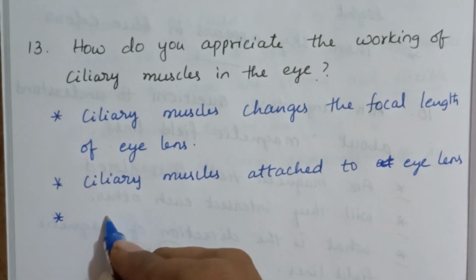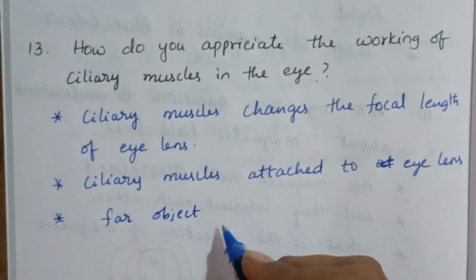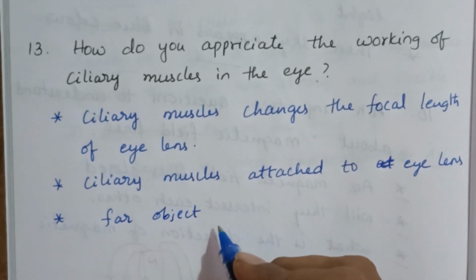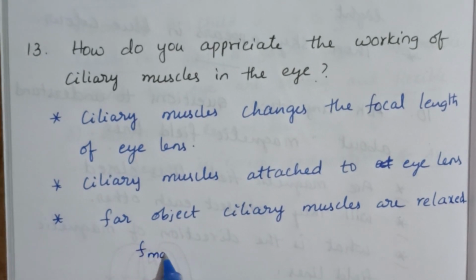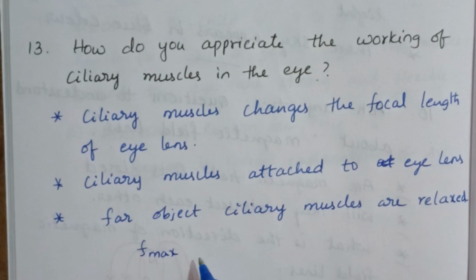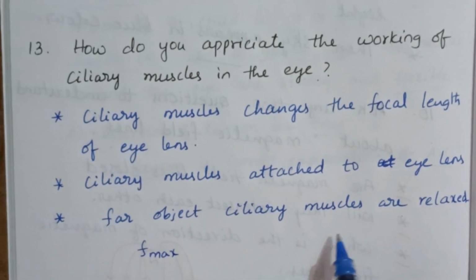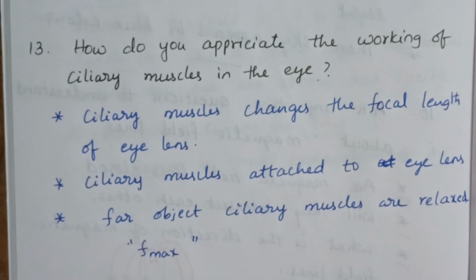When we see a far object, the ciliary muscles are relaxed, so the focal length will be maximum. When we are seeing a very far object, the ciliary muscles are relaxed, and at that situation we will have maximum focal length.